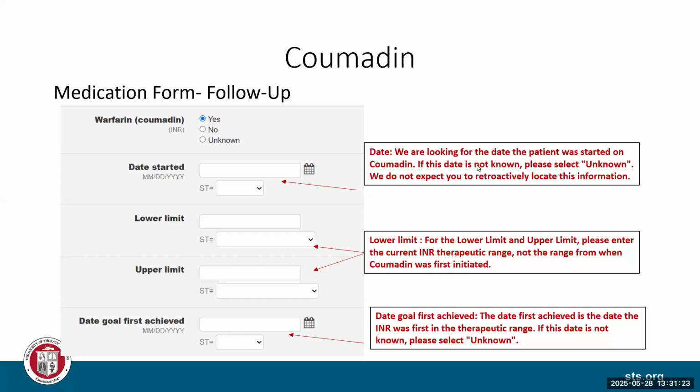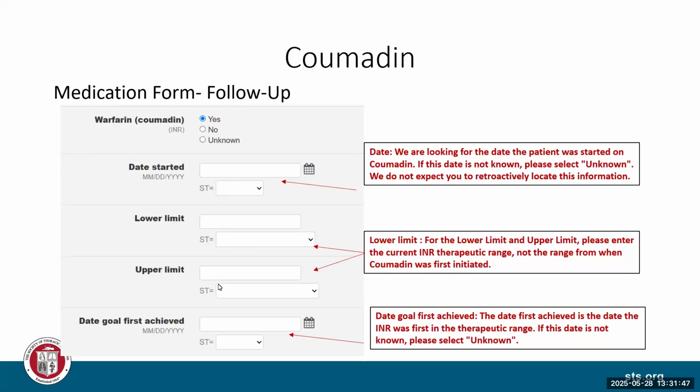The date started is going to be the date the patient started on Coumadin. So when did they first start on Coumadin? The caveat to that will be if the patient stopped taking Coumadin for some time and then restarted, we want to know when the patient was started on Coumadin. So you'll use that date.